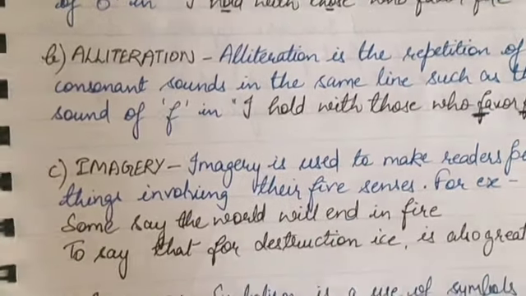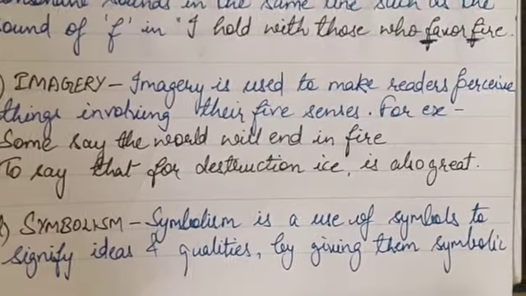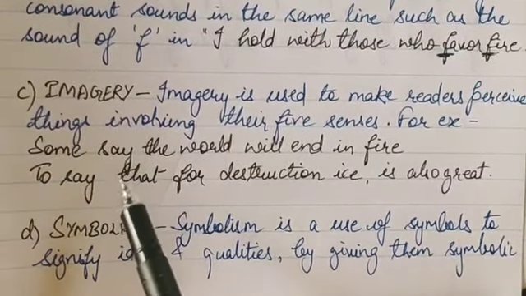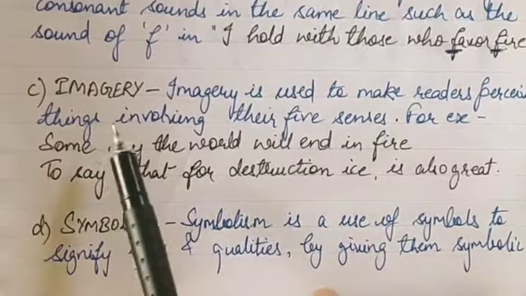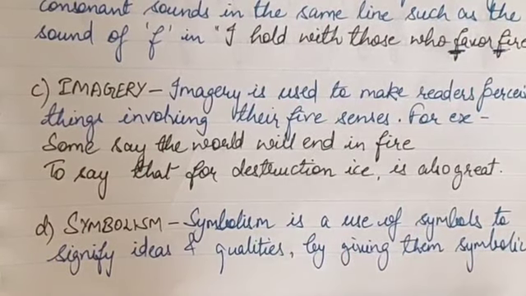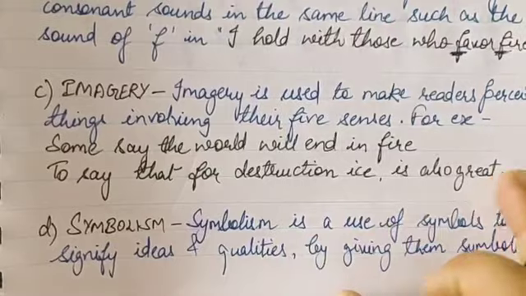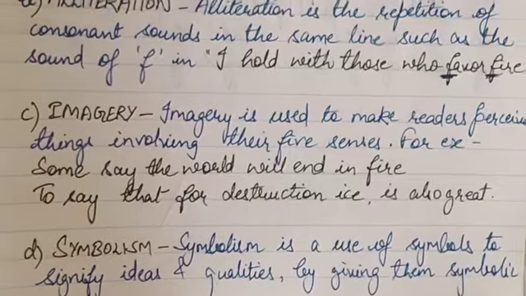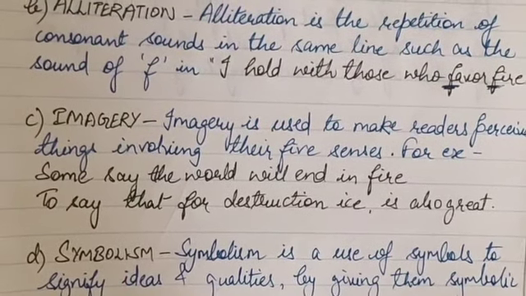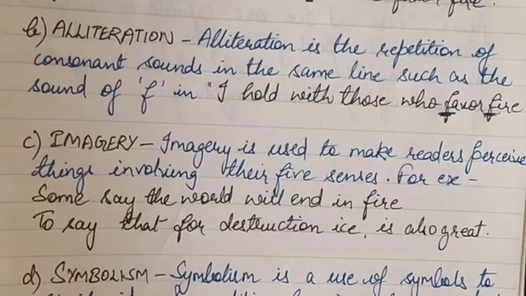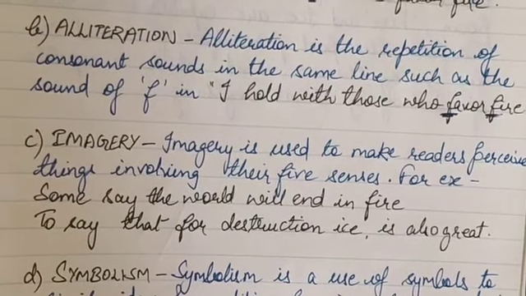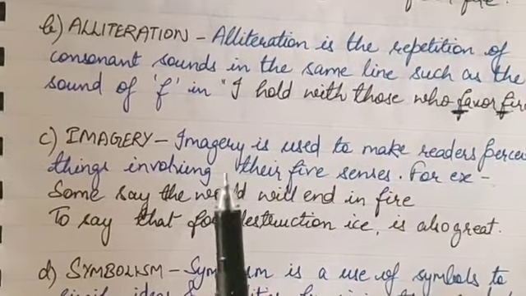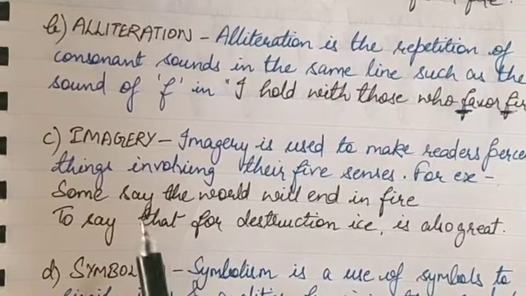Now we are going to see the third literary device used in this poem, and that is imagery. Imagery is used to make readers perceive things involving their five senses. When we see things in front of us, when we feel things, in short when we use our five senses to imagine something, that is the use of imagery. This poem is a very good example of imagery.